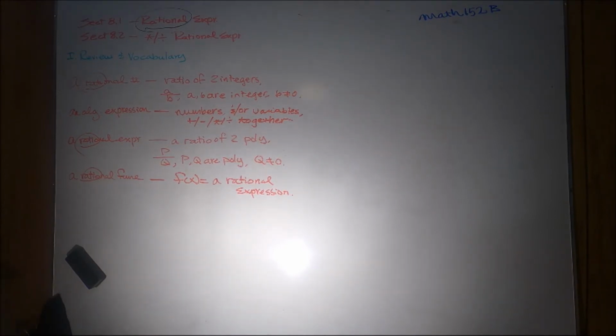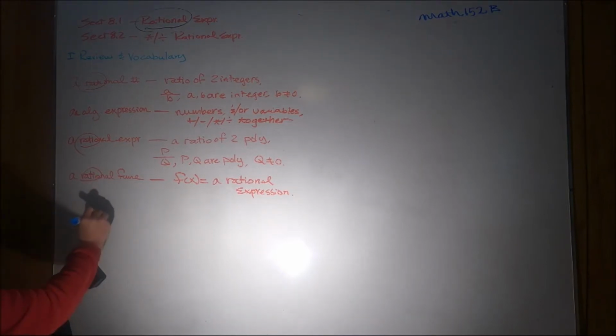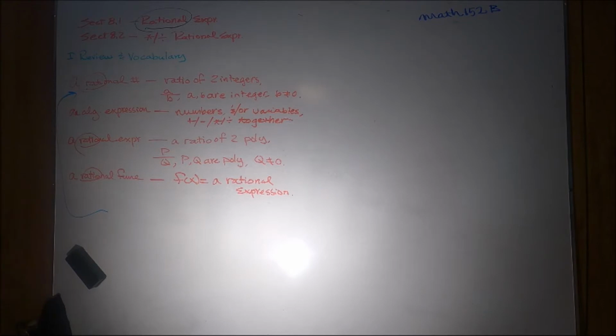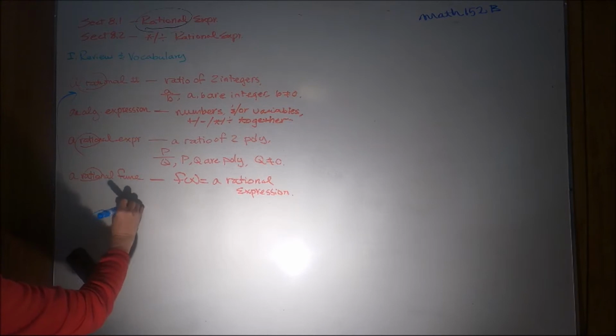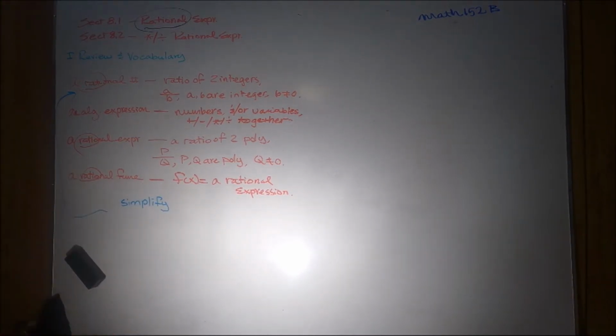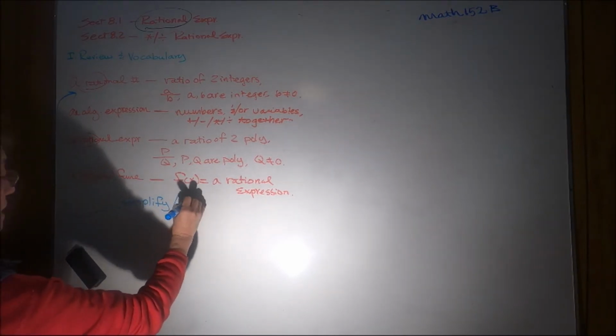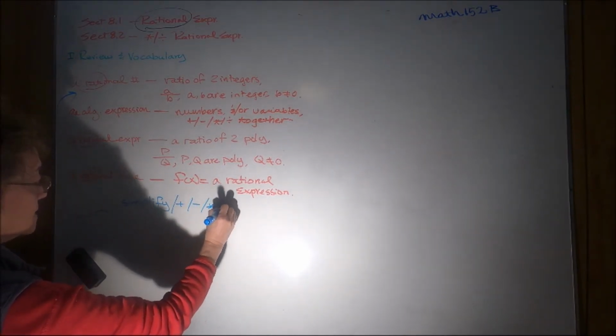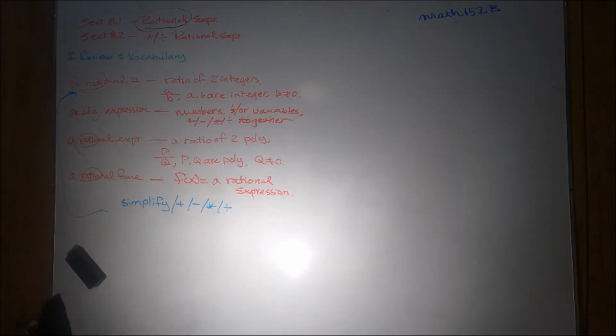So we are going to start from basic skills. For rational numbers, which are fractions, the basic skills we have learned are simplifying, and add, subtract, multiply, and divide, right?